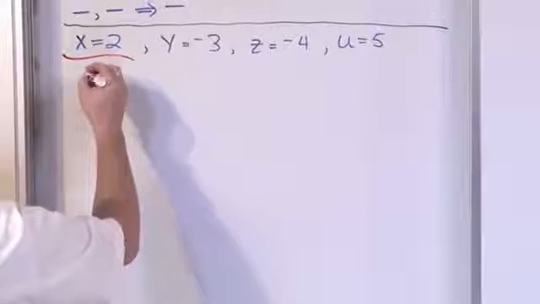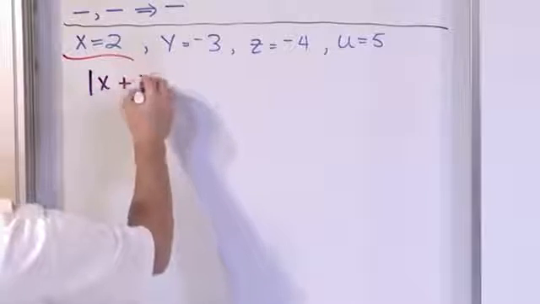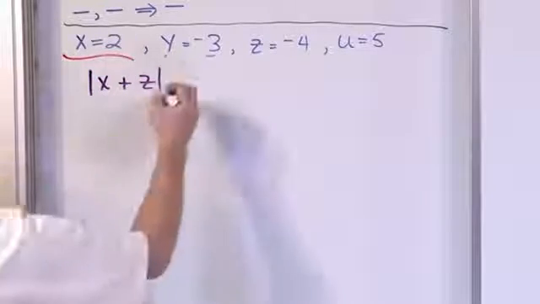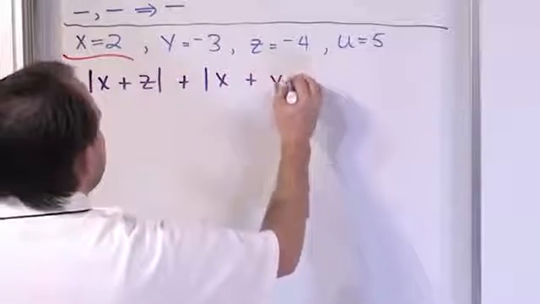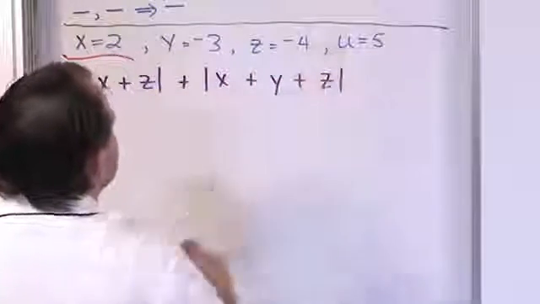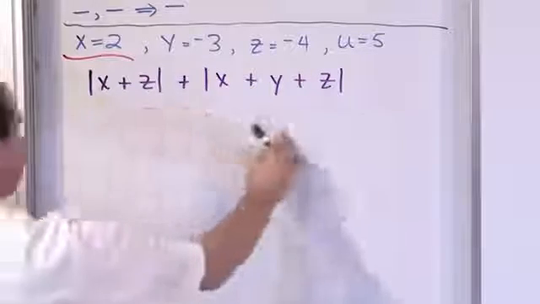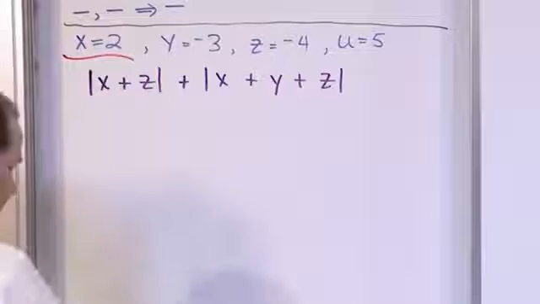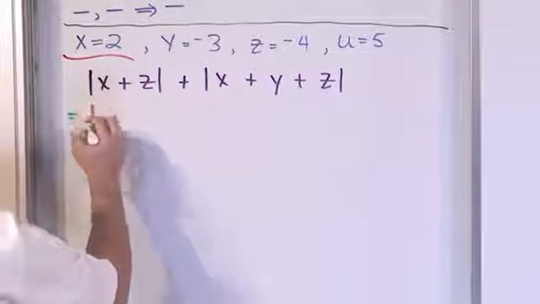All right, so what we have here is absolute value of x plus z, we'll close the absolute value off, plus another absolute value, x plus y plus z, close this guy off. So, it looks complicated, lots of letters, lots of absolute values. You know, before you started this lesson, that might worry you a little bit, but it's not hard because we just substitute in.